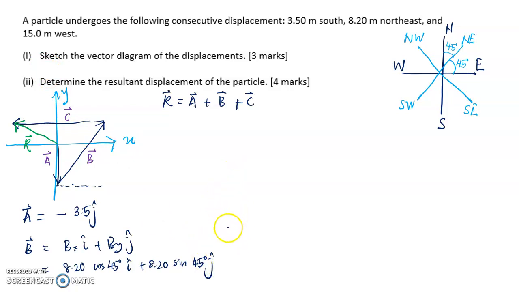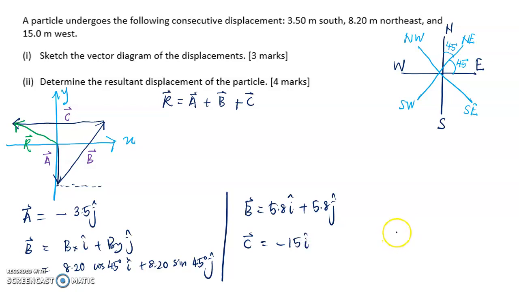I will continue for vector B. If we calculate the value of 8.2 cos 45, it is going to be equal to 5.8 i, plus 5.8 j. Last but not least is vector C. Vector C is 15 meter west, which is towards the negative x direction, so it is going to be negative 15 i.